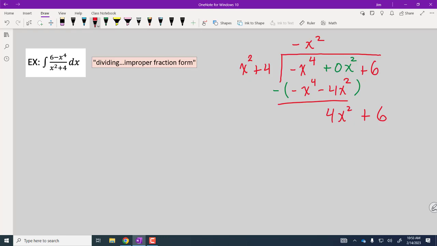So we add a 4 here. Multiply across, we'll get 4x squared plus 16. And then we're subtracting again. So we think about this minus, put it out in front, wherever you want to put it. 4x squared minus 4x squared, of course, is 0. And then 6 minus 16. So that should be a remainder.